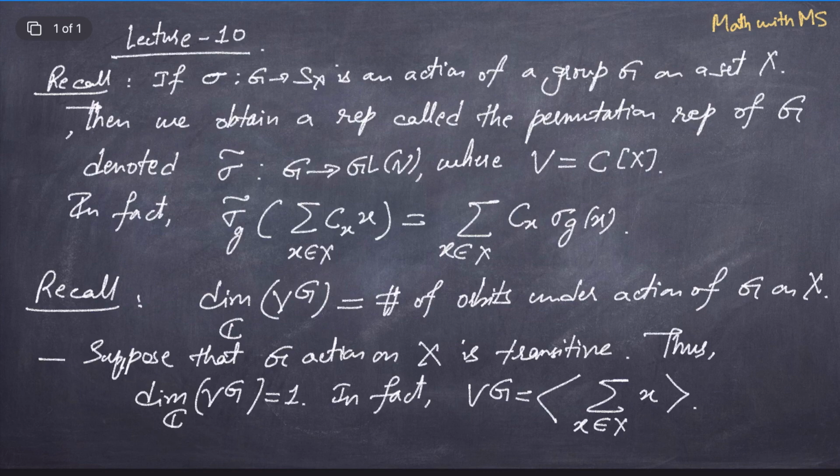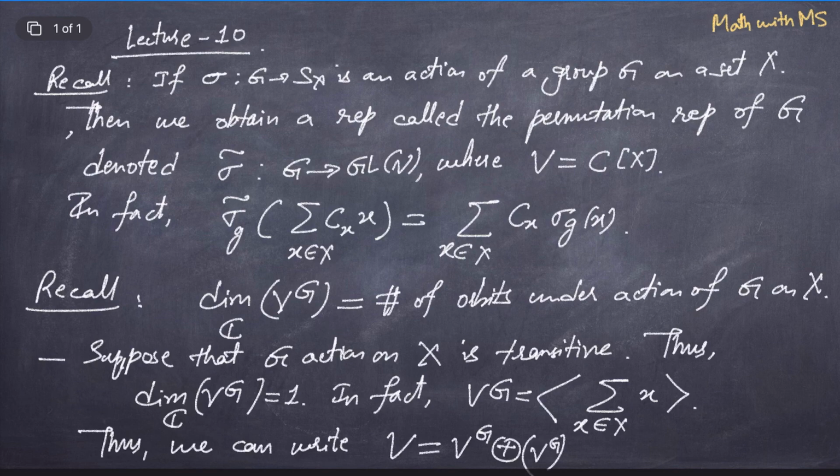Okay. So now, since we know that the permutation representation is unitary, it has an orthogonal complement. Thus, we can write V as V^G direct sum V^G perp. And therefore the permutation representation sigma tilde splits as a direct sum of two representations, one restricted to V^G and the other restricted to V^G perp.